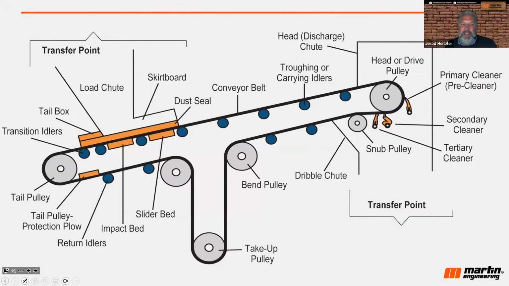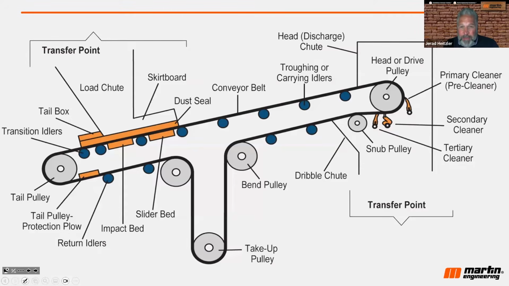What a lot of facilities do, especially in the aggregate industry, is instead of using a steel tail pulley, they'll use a winged tail pulley. Winged tail pulleys put a lot of stress on the conveyor belt, and over time, they can damage the conveyor belt.